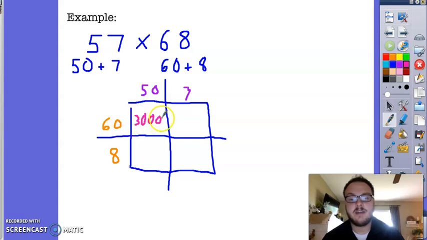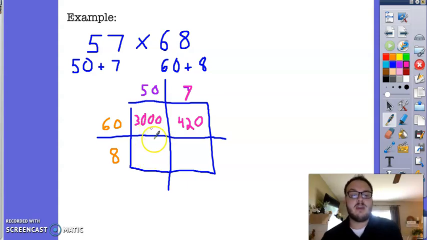Now I stay in the same row and go to the next column for this box. Again, I count how many zeros are shared between the 60 and the 7. Let me go ahead and correct that 7 to make it a little easier to see. I have one 0, and then I just do 6 times 7, which is 42. So I have a partial product of 420.